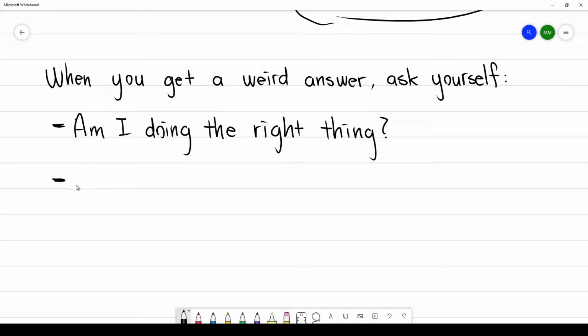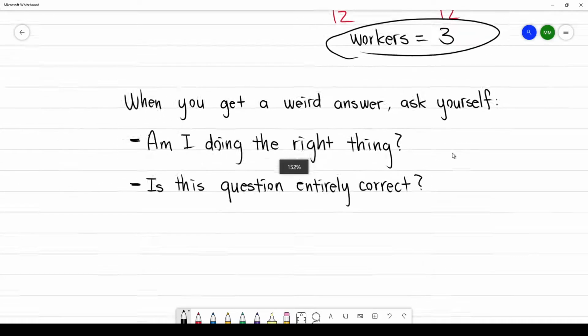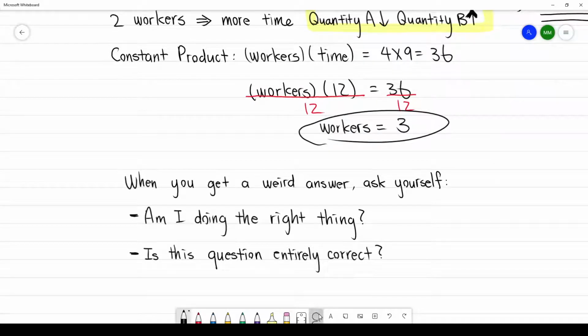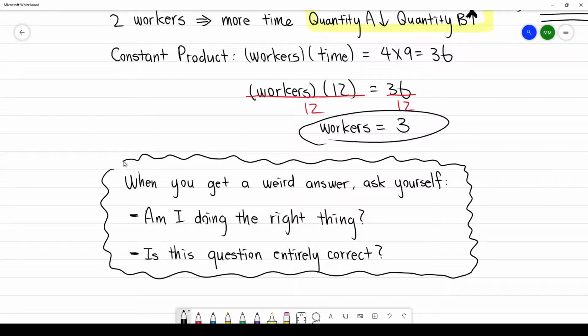Or the other thing is, people make mistakes, and that includes the people creating the questions. So it's always good to recognize that sometimes it might not be you who's making the mistake. Sometimes it can be the person creating the question.